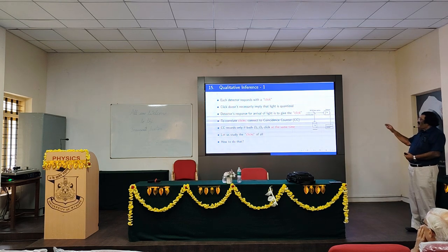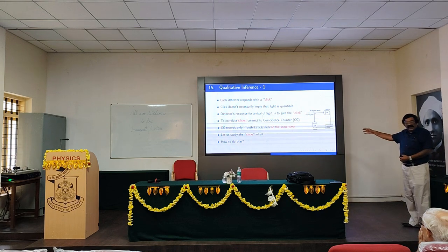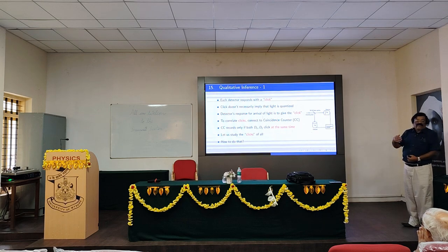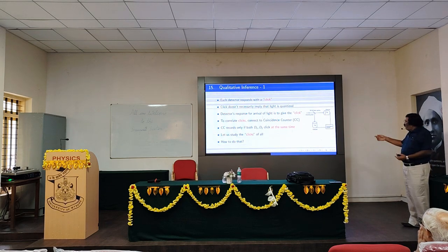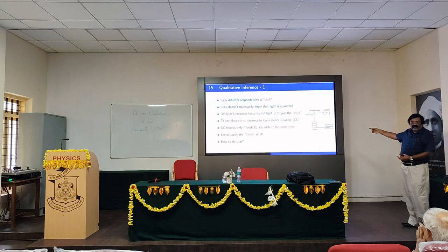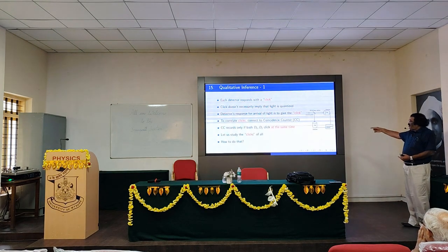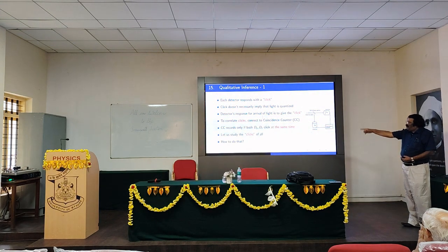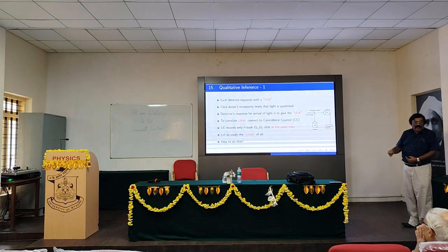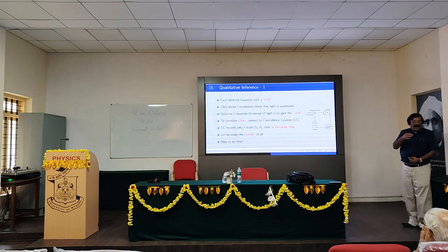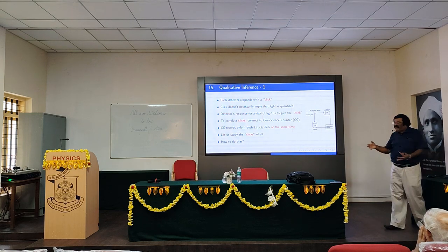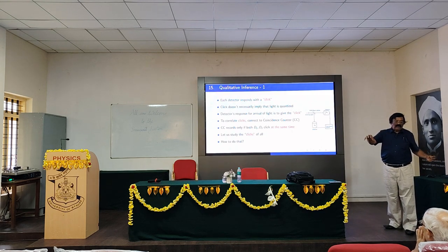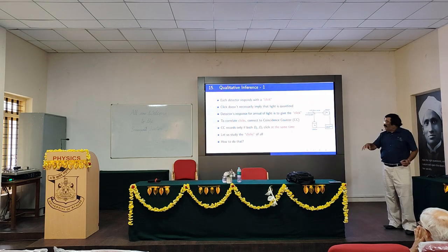To correlate these clicks, suppose D1 gives a click and D2 gives a click. To check whether they are simultaneous or not, I have one coincidence counter which will give a click only if both D1 and D2 click at the same time. So if D1 and D2 click at the same time, then CC gives a click, and I can understand that the light has arrived at both the detectors at the same time.